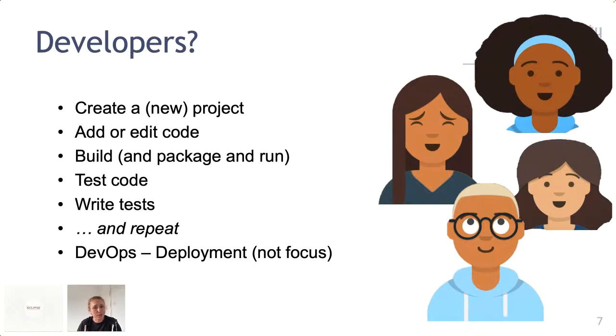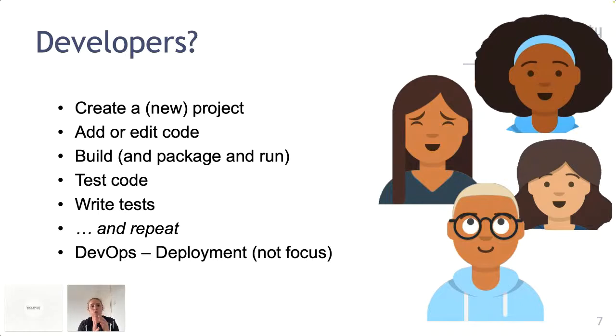Obviously, we're all best practice developers, so we're testing our code and following best practices that way. So we've got to test our code. We've got to actually write those tests. And often now we're looking into expanding that role to cover more of the DevOps side of things. So how are we deploying it, looking at the operations side, although we're not going to focus too much on that in this presentation just because of time restraints.